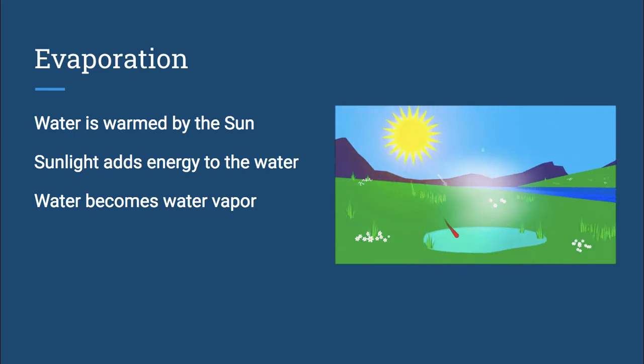Again, heat from the sun is coming down and hitting this liquid water. The sunlight starts to add energy to the water, and you'll remember that when liquid water gains energy, it becomes water vapor. So this puddle of water gains energy until it becomes water vapor and goes into the atmosphere. It goes from a liquid to a gas.